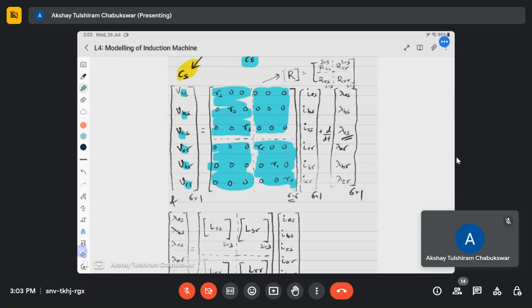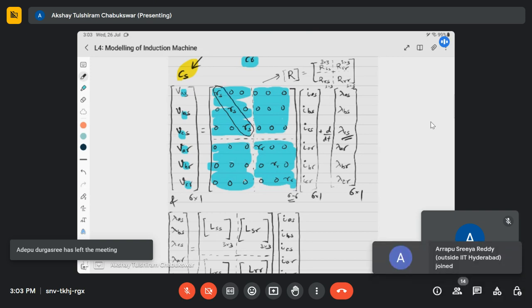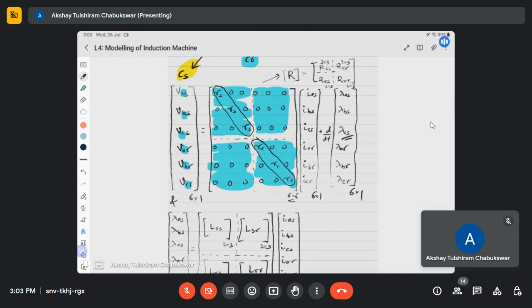You can see that RSR and RRS are nothing but zero matrices. Why? Because resistance doesn't include the mutual coupling term. Only the inductance will have the mutual coupling term. So RSR and RRS will be zero, and RSS and RRR are diagonal matrices. Only the diagonal terms are non-zero. The rest of the non-diagonal terms are all zero in the RSS and RRR submatrices.